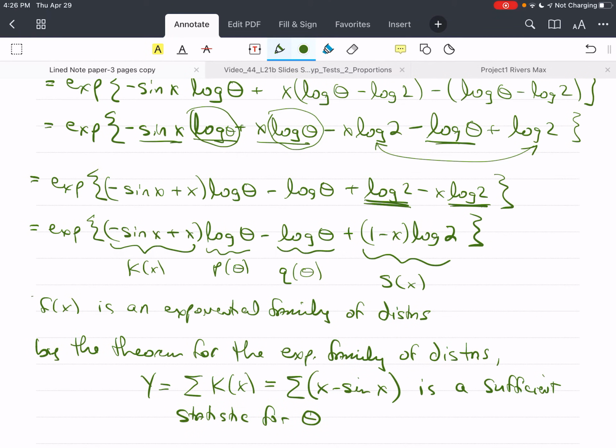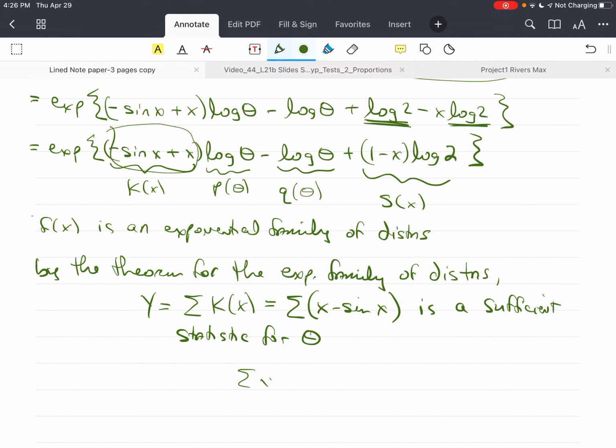It has to be this whole thing. You can't just take part of it. It's the whole thing. So it's x minus sine x, or negative sine x plus x, the sum of that quantity.